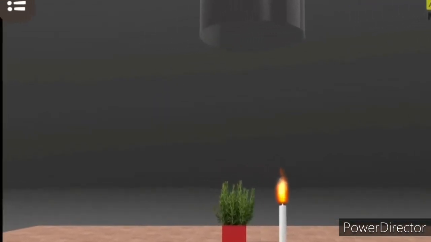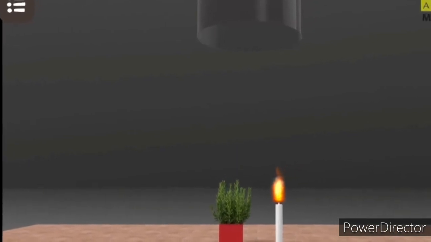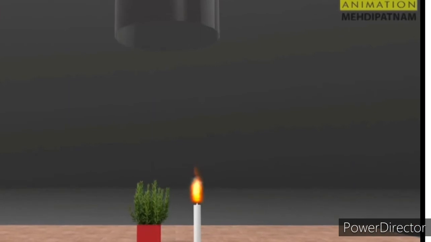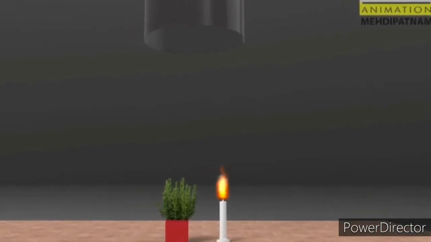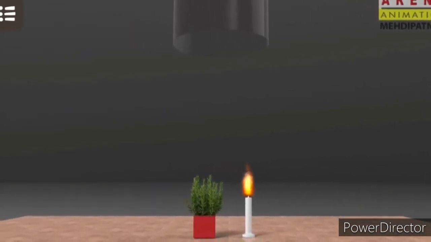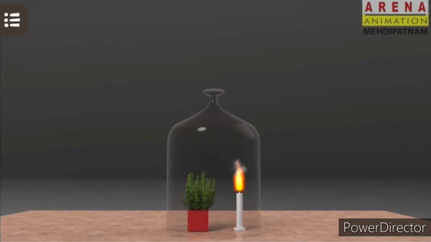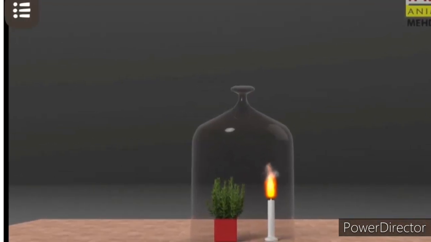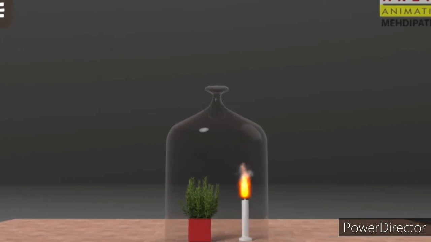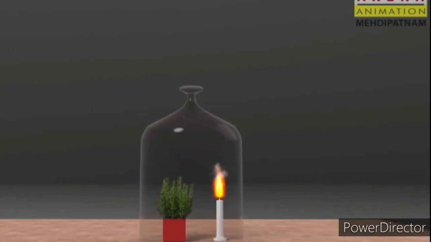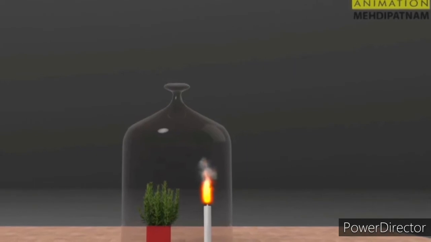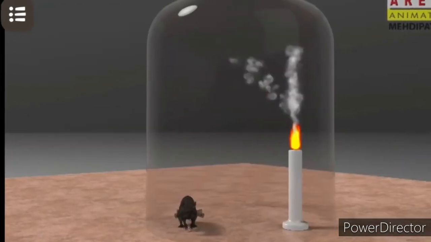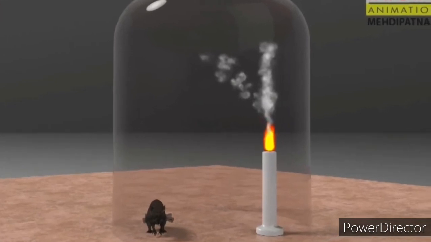Now what he did: again he lighted the candle and introduced the mint plant, and closed the burning candle and the mint plant in a closed bell jar. He observed that after some time the candle did not put off. So he got some idea.